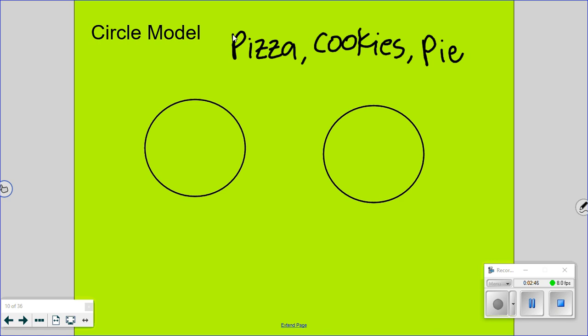Now, you guys already told me way back on the first day that we did fractions, when Ava and I were splitting that cookie and we had a circle model, you told me that I could not split it in half like this. Raise your hand to tell me why again. I know we talked about this already, but just remind me, why can I not split it in half like that? Marley?